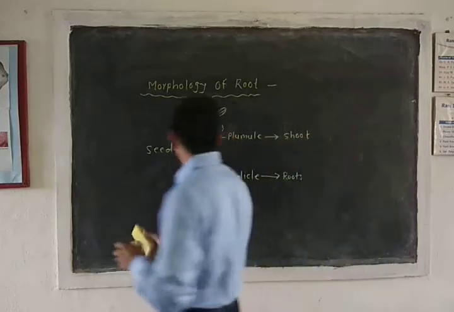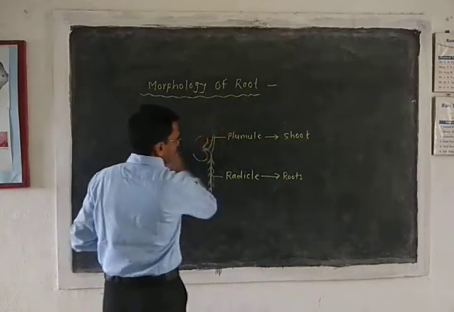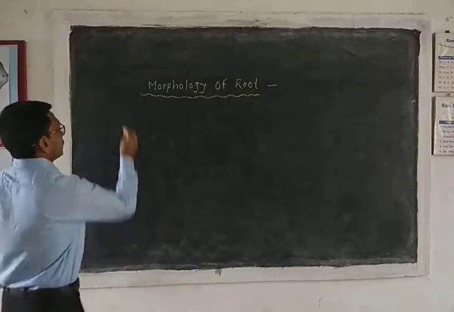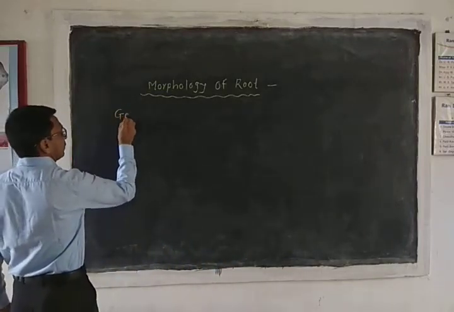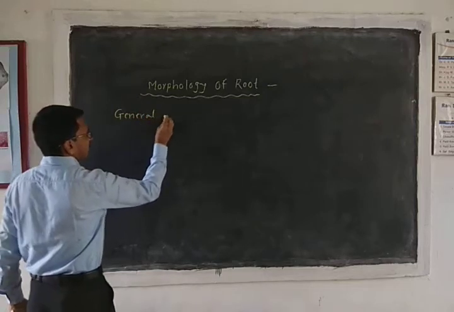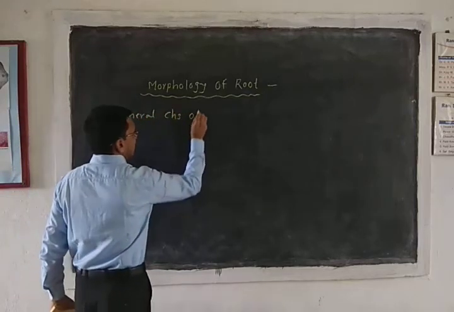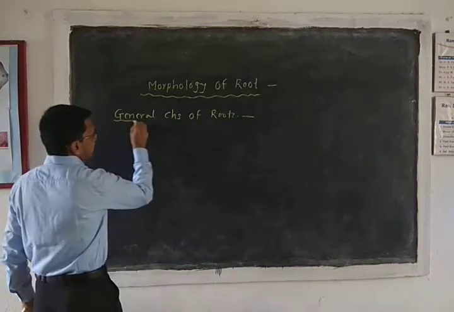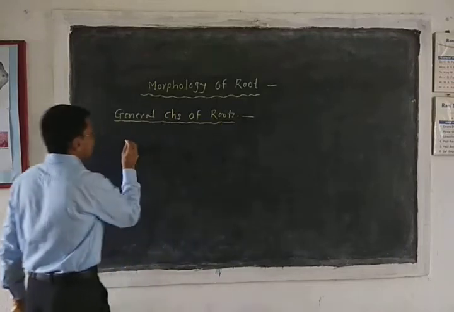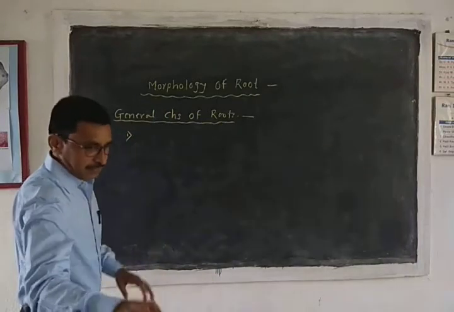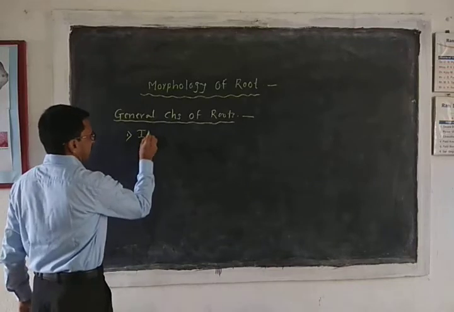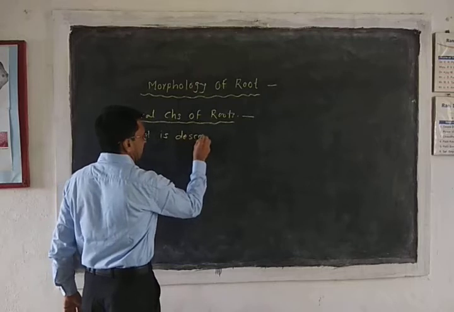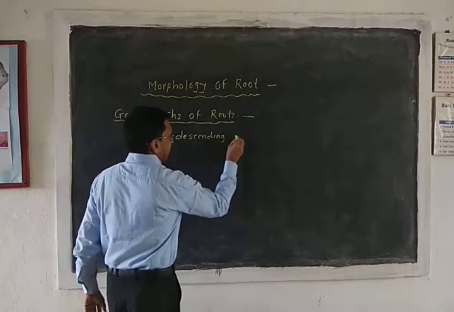See. The first general character of root is that it is a descending axis of the plant body.